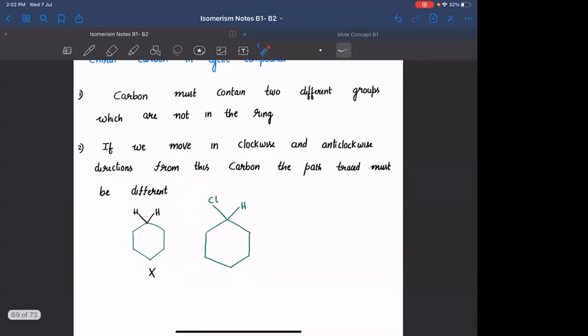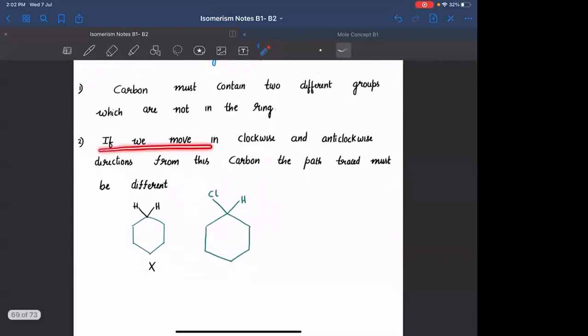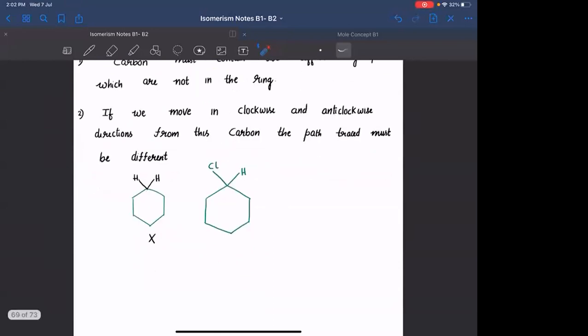Okay. See the second rule. If we move in clockwise and anti-clockwise directions from this carbon, the path traced must be different. मतलब क्या है? Suppose I'm marking this as 1, 2, 3, 4, 5. This is in clockwise sense.